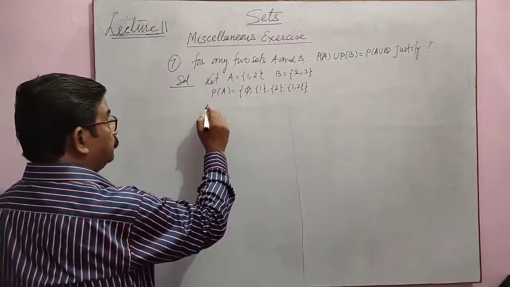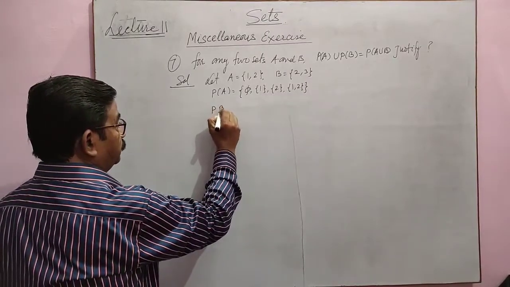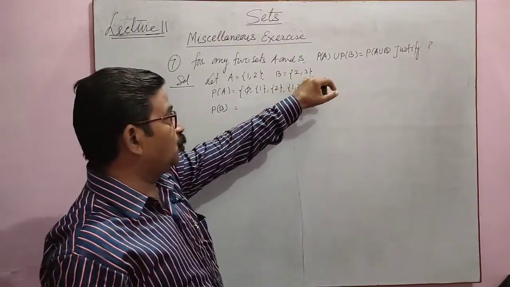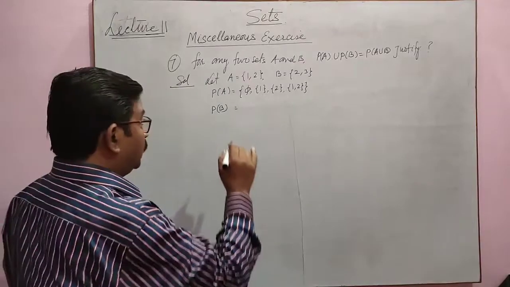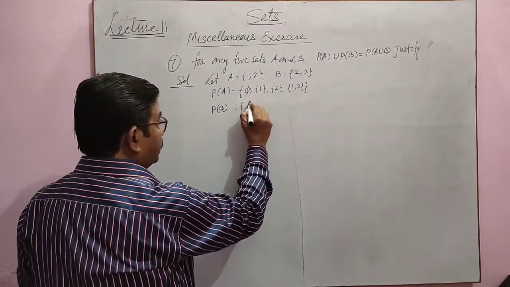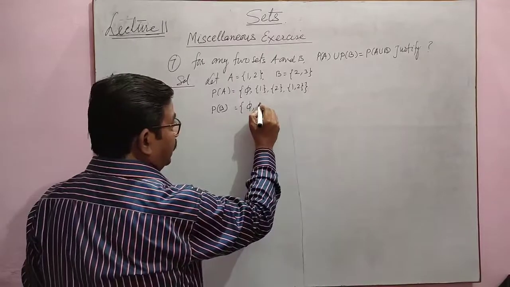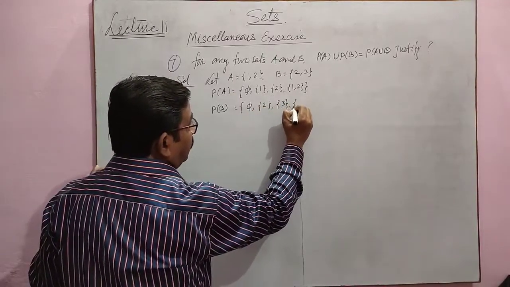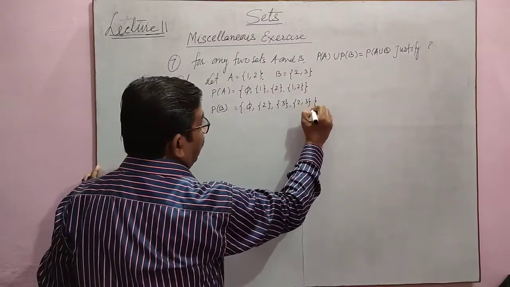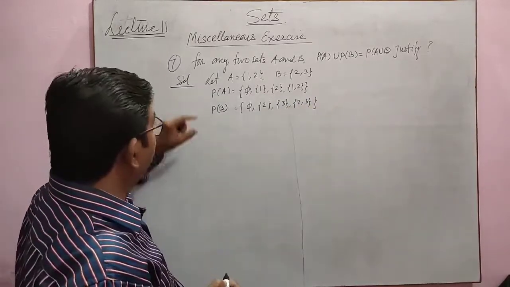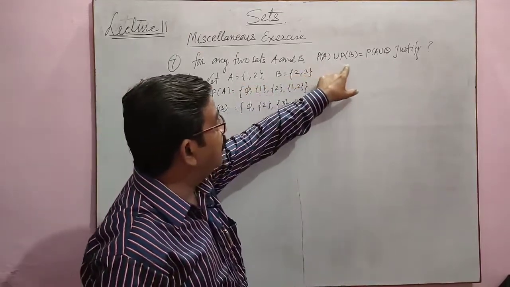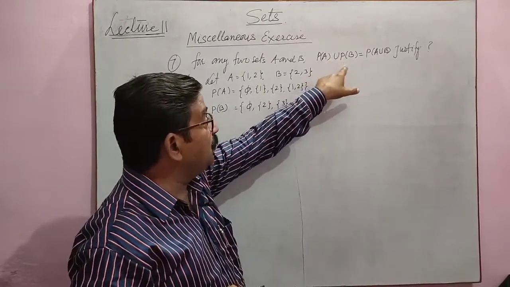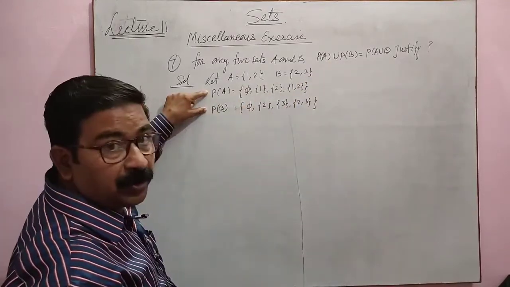Now finding PB. For {2, 3}, again we have two elements. The empty set is a subset of every set, then we can write {2}, then {3} and {2, 3}, again 4 elements. So in the left hand side we have to find PA union PB, that is, the union of these two.